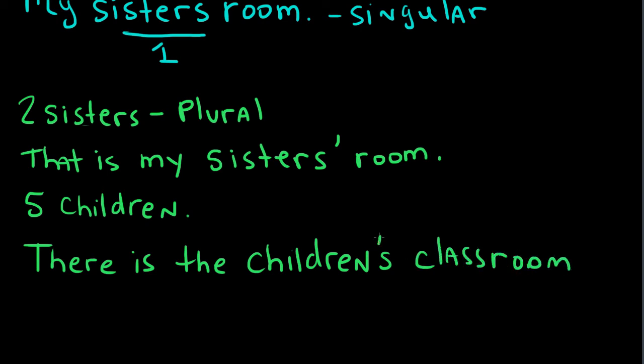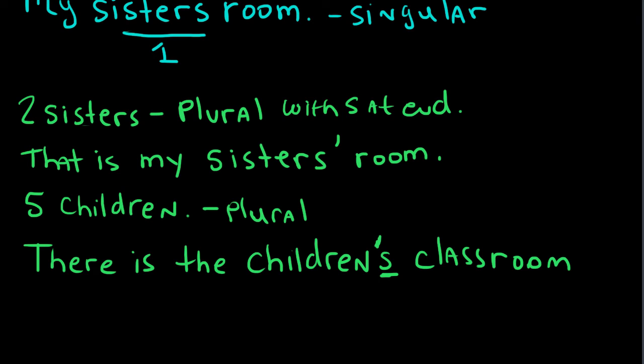Here we put an apostrophe S because it's plural, and we have to add the S because there's no S on the end. But when you have 2 sisters, it's plural with S at the end. And here, children doesn't have an S, so we add an S in the plural form.